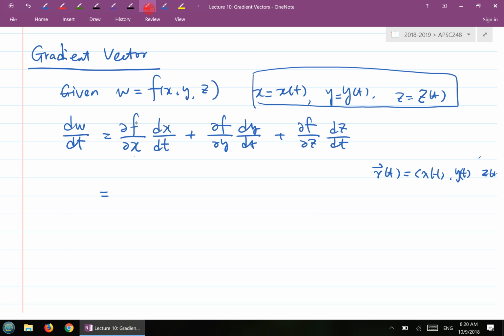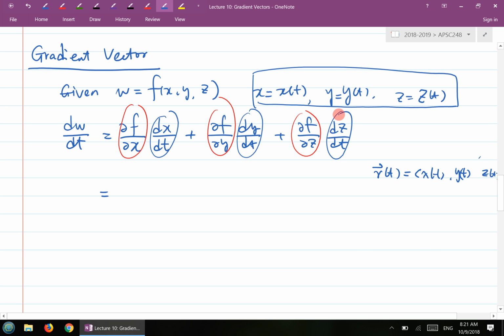You have three derivatives here, and these three derivatives are the derivative of this parametric equation, or dr over dt. If I take dr over dt, you get these three things here. So I can separate this single expression into a dot product between two vectors.